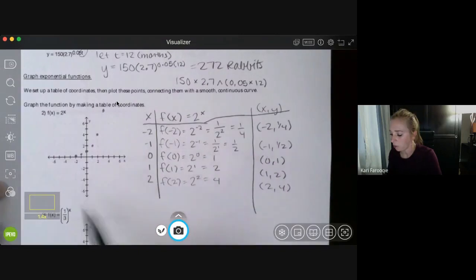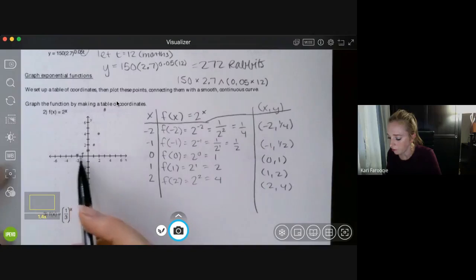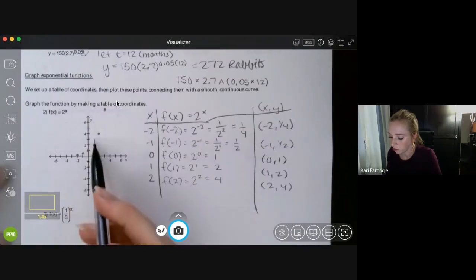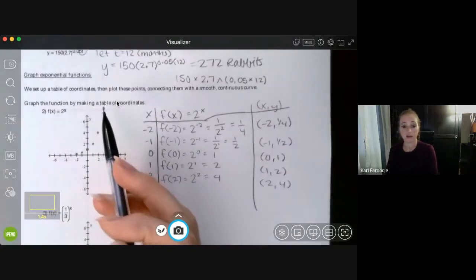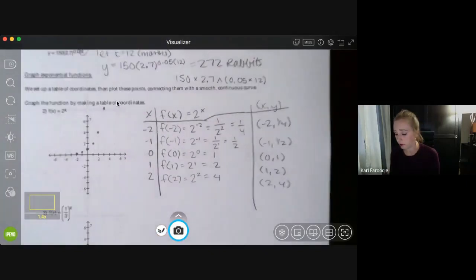So what's going to happen here is as you keep increasing the exponent by one integer after the next, or really as you keep increasing it at all, your graph is going to start to increase more rapidly as x becomes more positive. So y is also going to approach infinity.